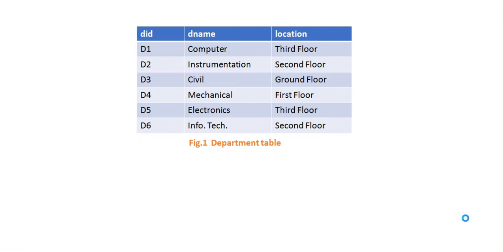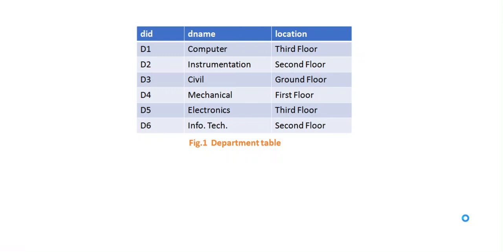It means that department name and location, these two attributes, are dependent on department ID. If department ID is given to you as an input value, then you can identify the department name and the location of that department also.